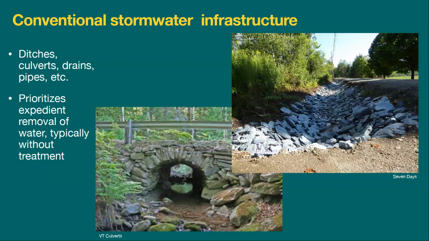We want to minimize the deluge that these systems are seeing and being tested so extremely. So, kind of working with our conventional stormwater infrastructure and minimizing the impact and destruction of those systems as well.